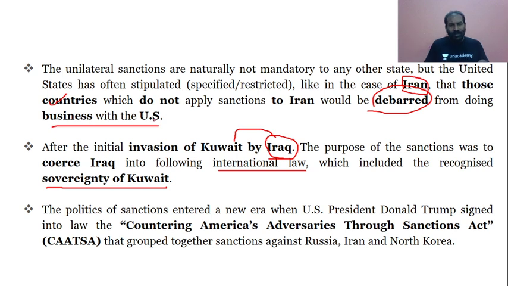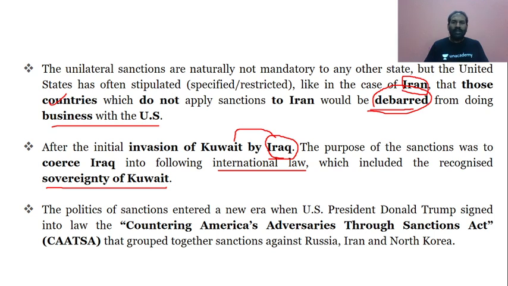I repeat, the US imposed economic sanctions on Iran because Iran was going ahead with nuclear tests. So the countries which continue business with Iran in spite of the US economic sanctions will be debarred from doing business with the US.